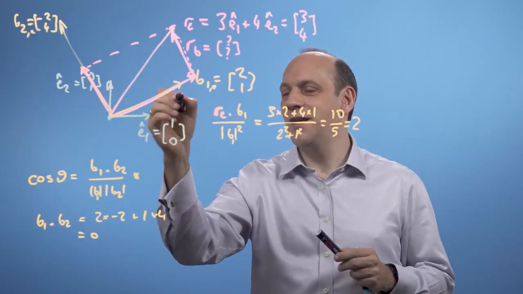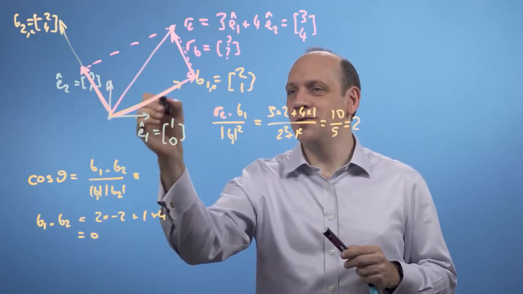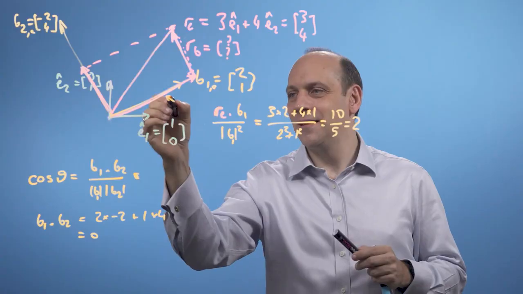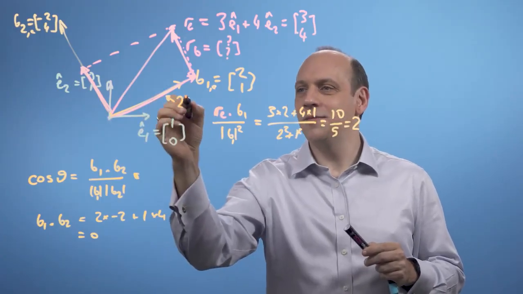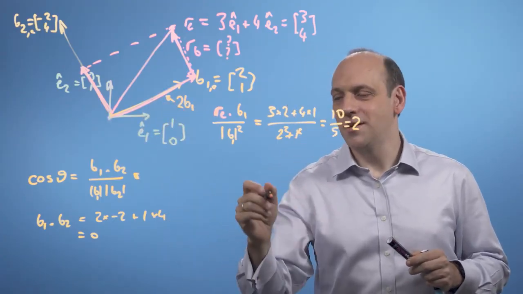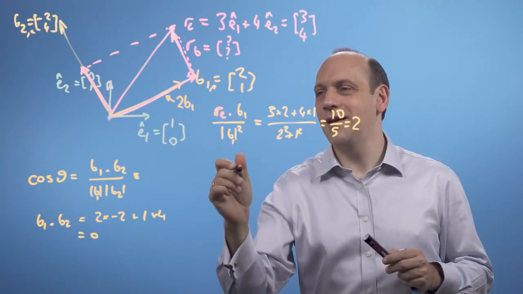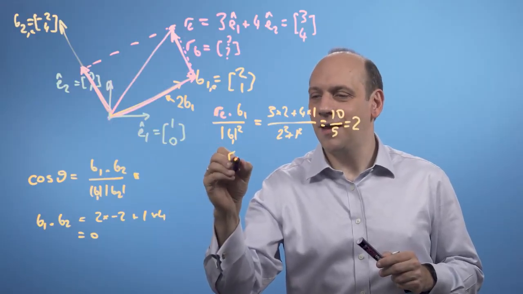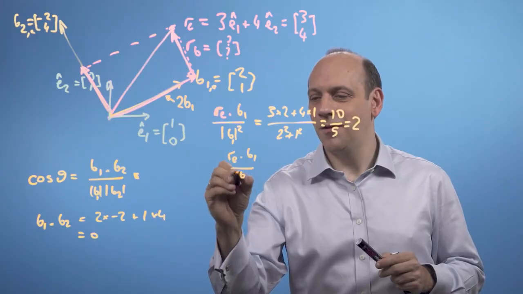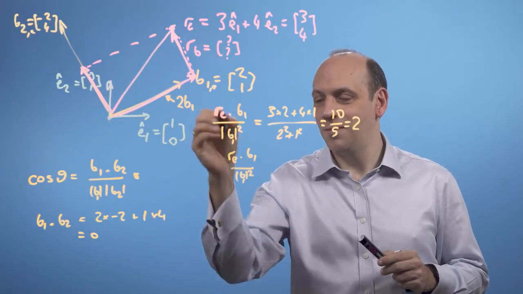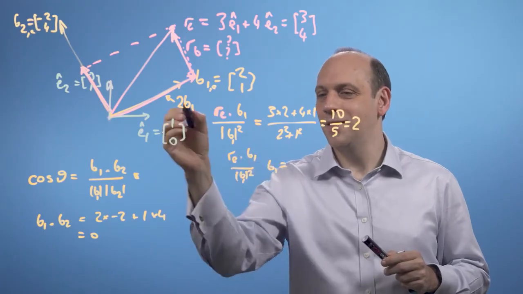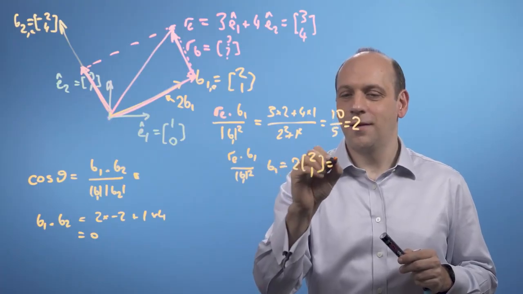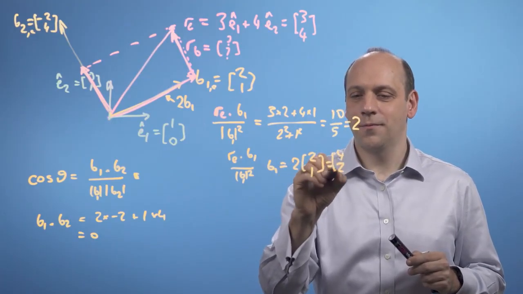So this projection here is of length 2 times B1. So that projection there, that vector, is going to be 2 times B1. So that is, in terms of the original set of vectors E, R_E dot B1 over B1 squared times B1, which is 2 times the vector 2, 1, the vector 4, 2.